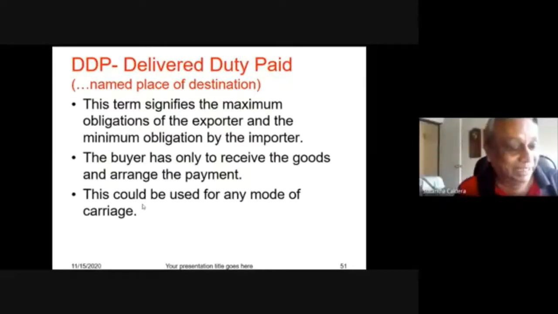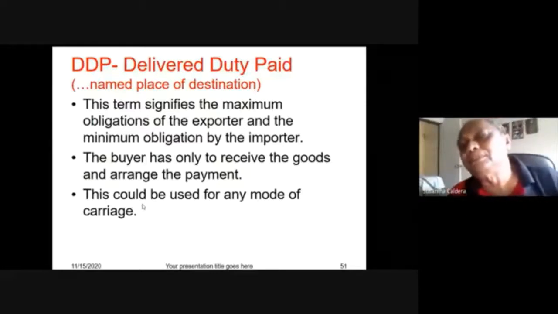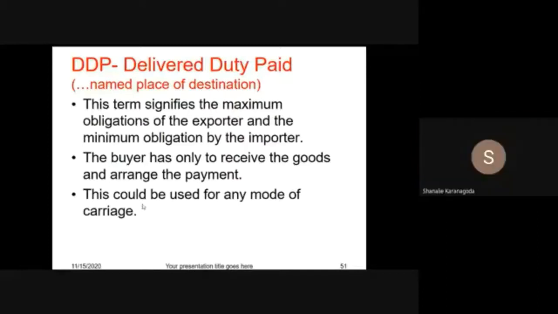Then tell me what are the 7 Incoterms that are for any mode of transport?